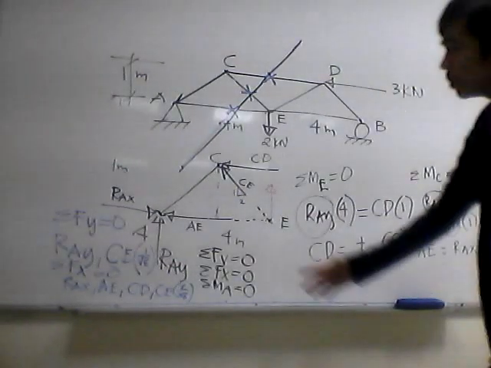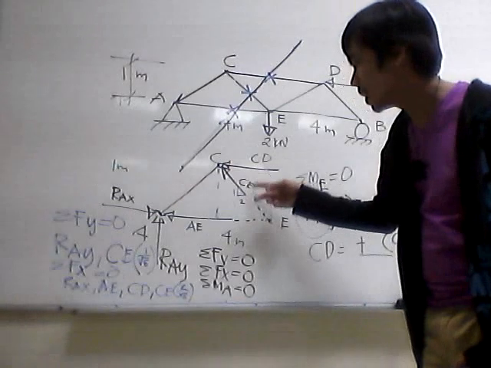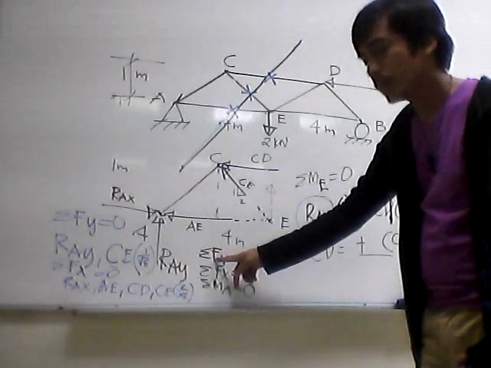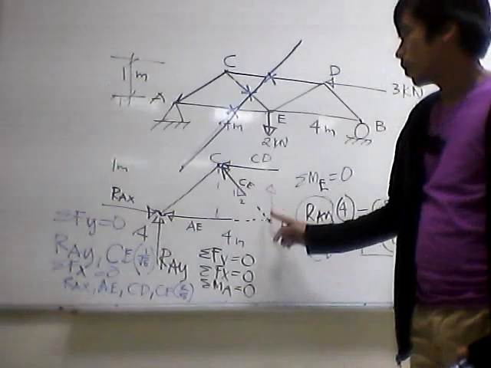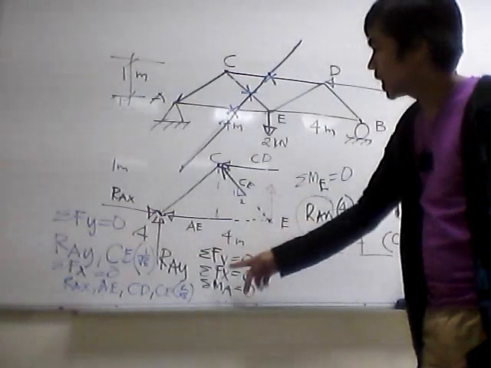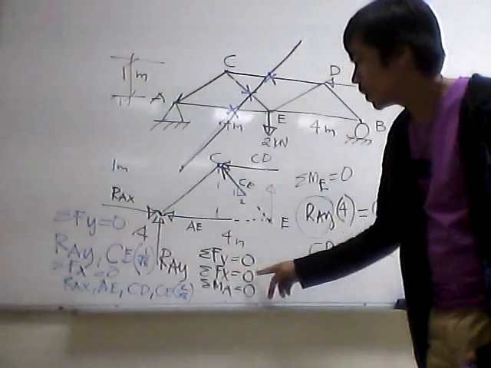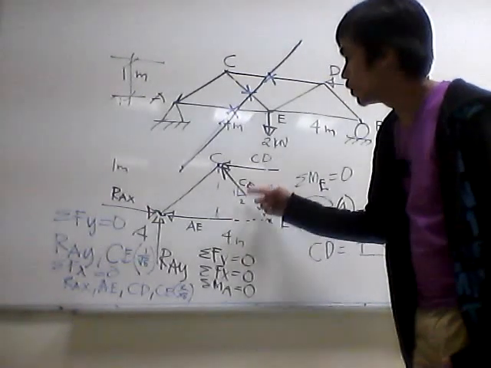And then we have three options to solve for the last member CE. Take summation of forces vertical equals to 0, then consider the vertical component of CE. Taking summation of forces horizontal equals 0, then consider only the horizontal component of CE.